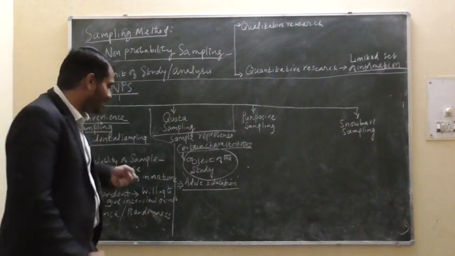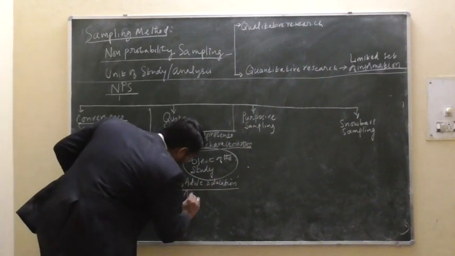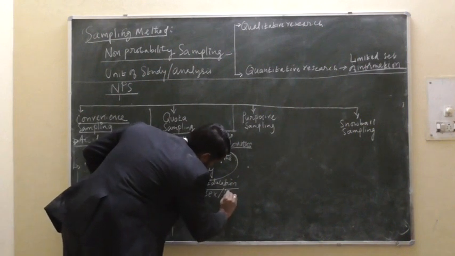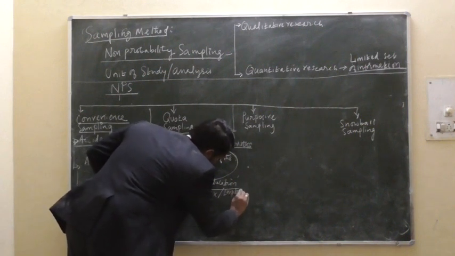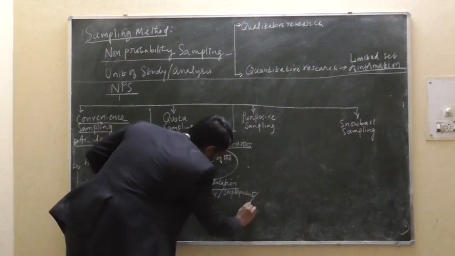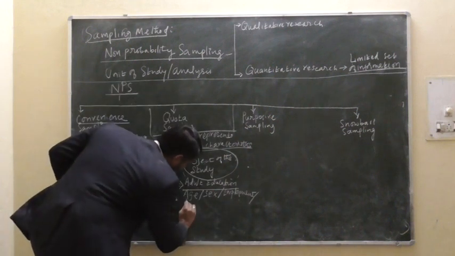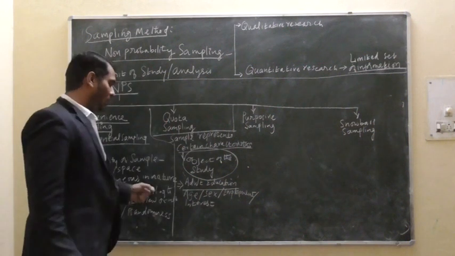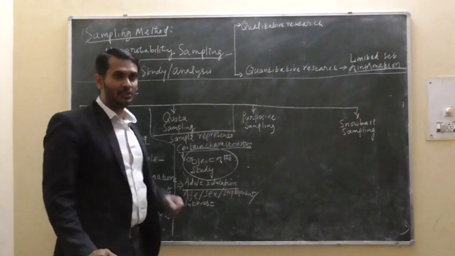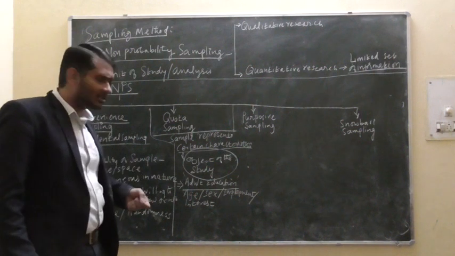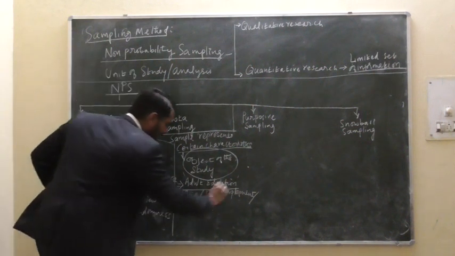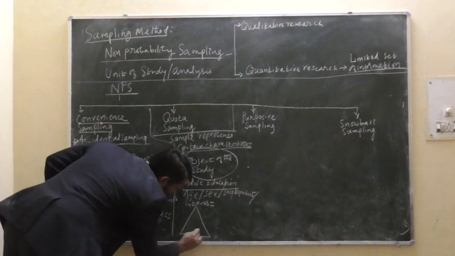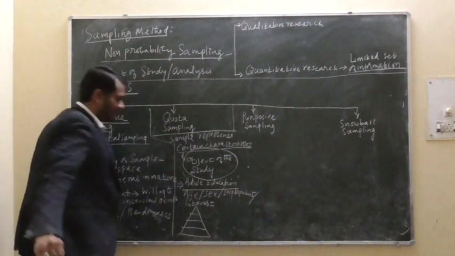For instance, age would be one characteristic, sex is another, employment, or you can also look at interest. After looking at these characteristics, researchers put them into different strata.